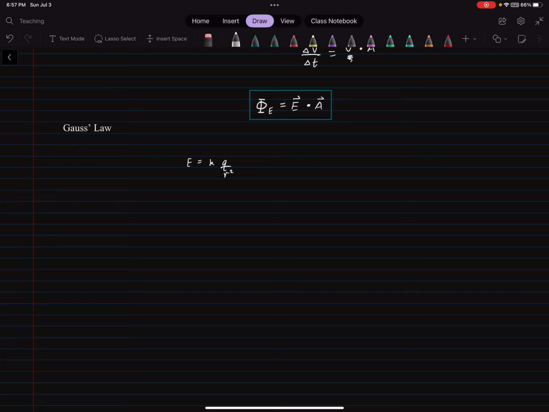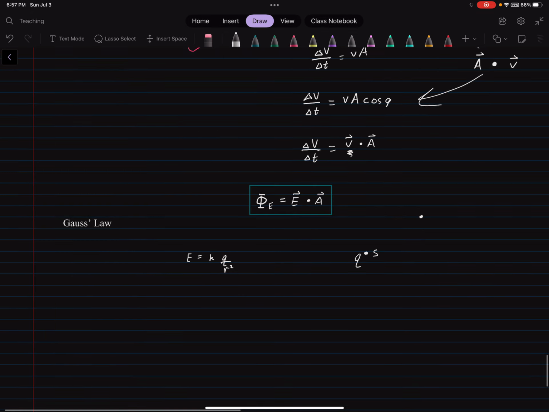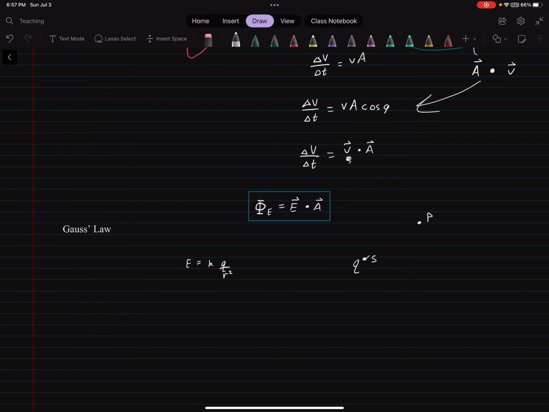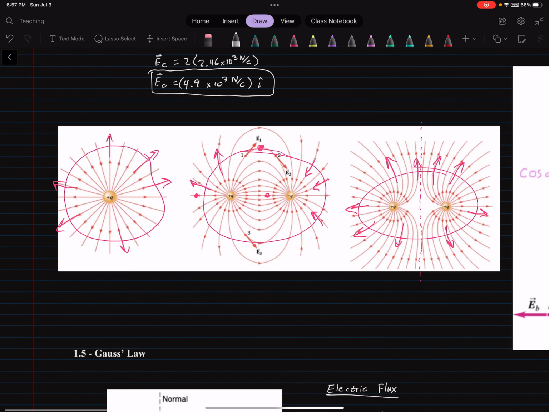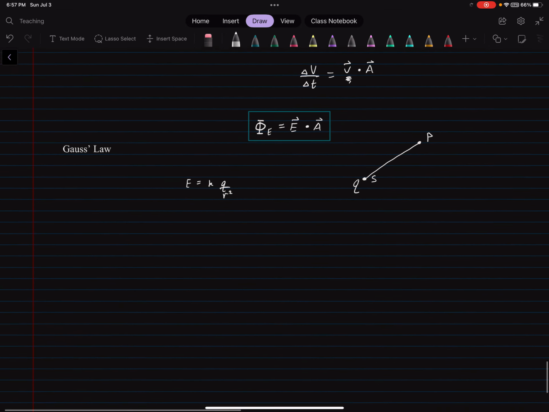Just to remind you, this is some point charge Q, and that is the source, wherever that is. And you have to pick some point for the electric field to be evaluated. It's not just in general, because it's different at different points, right? So this is some point, and R is the distance from the source to the point. So of course it's going to have different values depending on where you choose. Look at how dynamic this situation is. So E is at a very specific point.